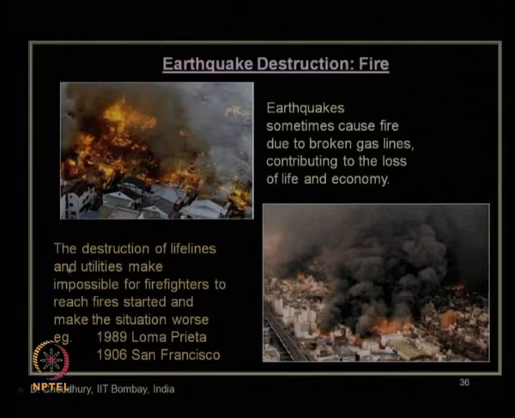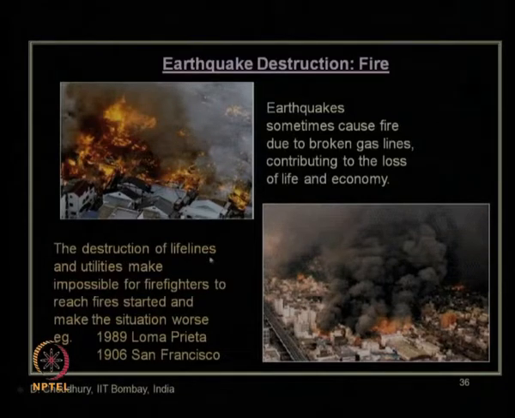The destruction of lifelines and utilities makes it impossible for firefighters to reach the place where the fire started, which makes the situation worse. Already the earthquake related damages are there. In addition to that, this fire creates much more problems in that vicinity.